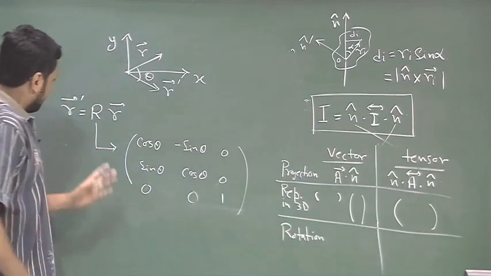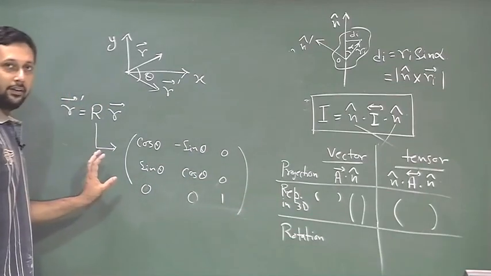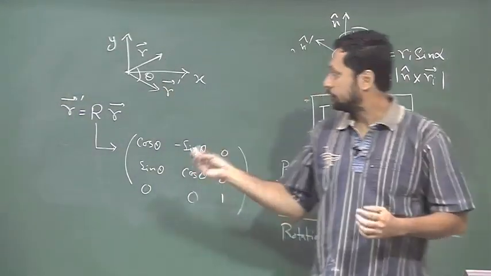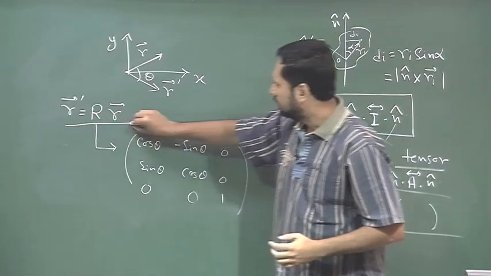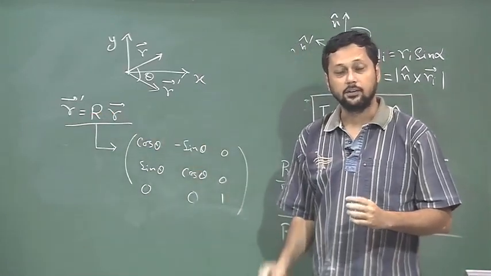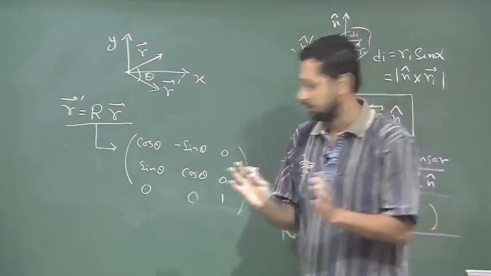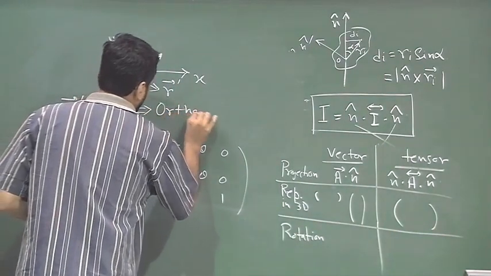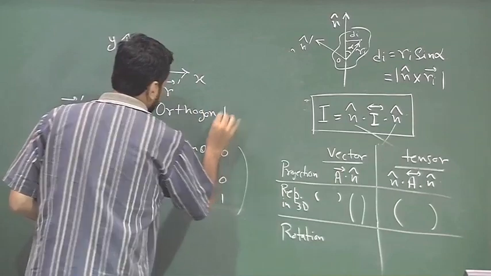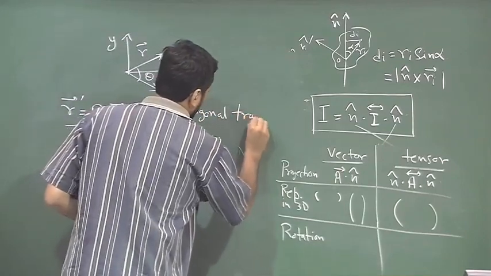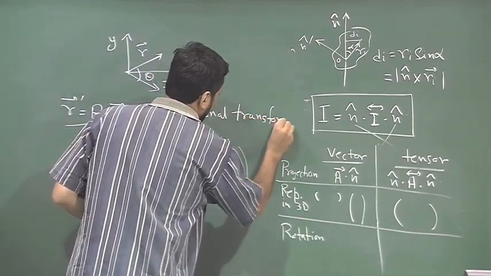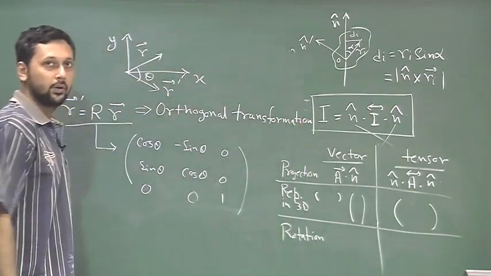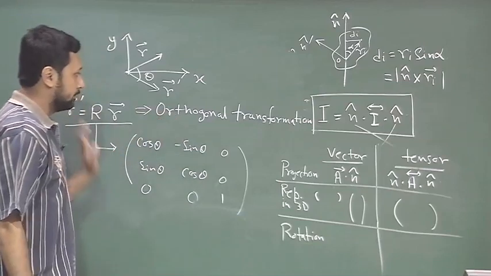Anyway, this is how a vector is rotated, and this set of vector transformations has a very specific name. It is a class of group of transformations called orthogonal transformations.